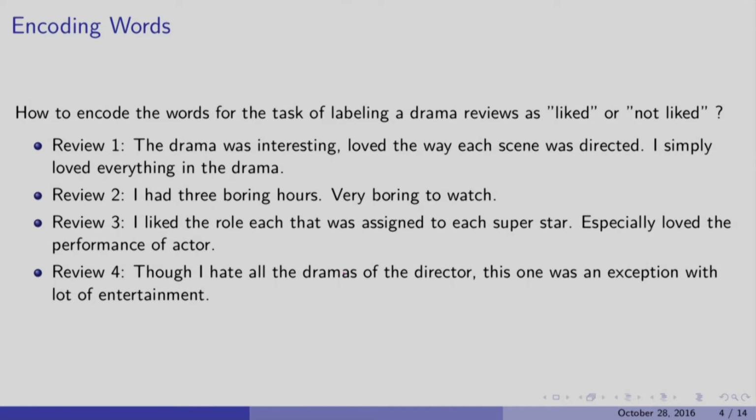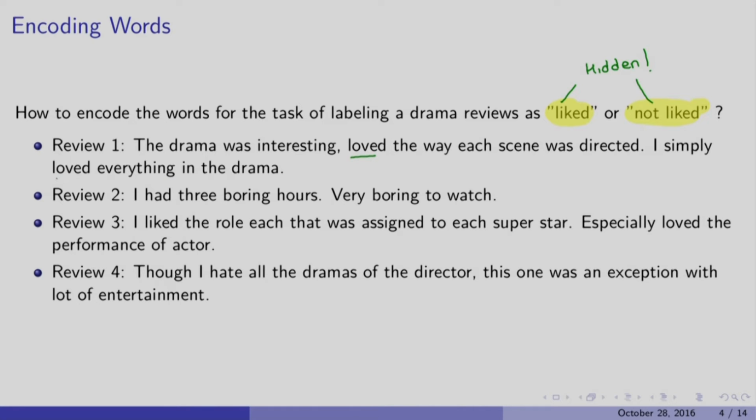So how do we encode the words for a task of labeling drama reviews as liked or not liked, where we are going to treat these labels as hidden? For example, review 1 could be: the drama was interesting, loved the way each scene was directed, I simply loved everything in the drama.